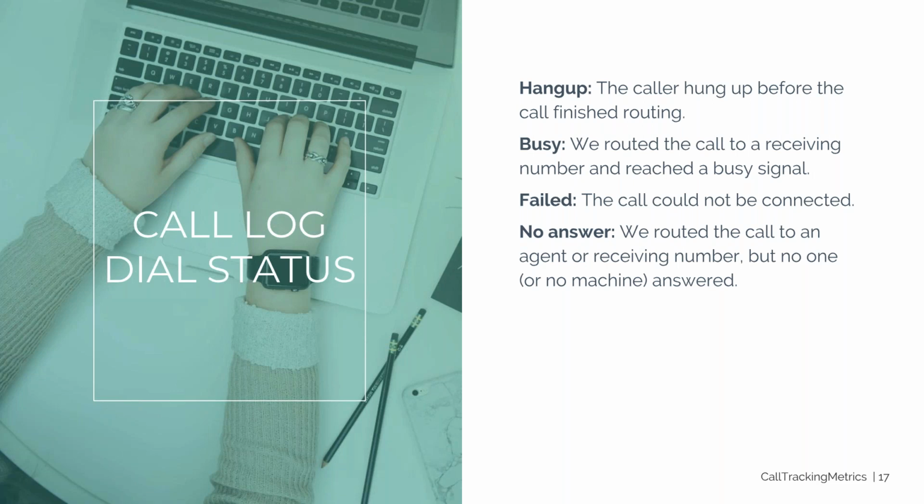We definitely don't want to see that. And then we have no answer, which means that we routed the call to an agent or a receiving number, but no one or machine answered. So an example of that is the call completed routing, but was never answered by an agent, a receiving number, or anything else. So those are our different dialing statuses.